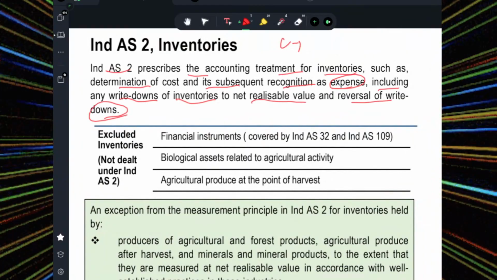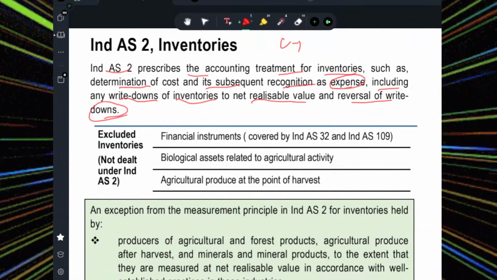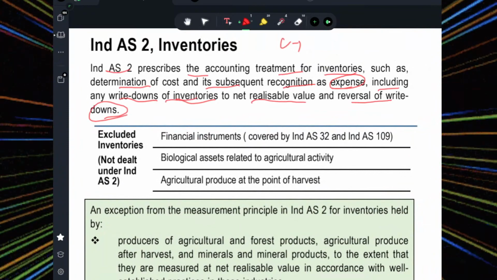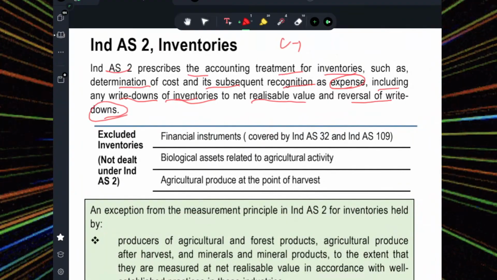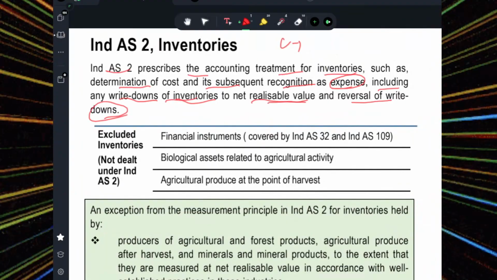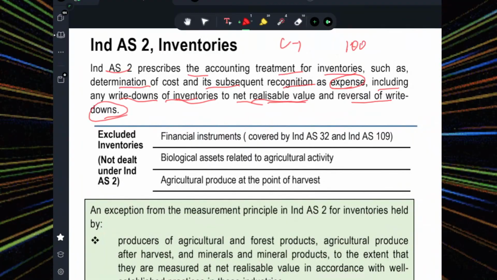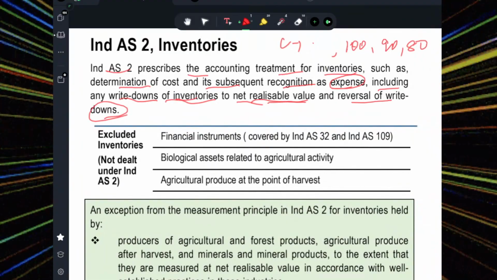Then what do you want to recognize, what is the expense to bring it in, excluding write-down of value of inventory. I mean, the write-down will happen because of deterioration of goods and net realizable value. So what is the net realizable value? We may have bought for 100 rupees, but the valuation has gone to 90 or 80 or even 150.